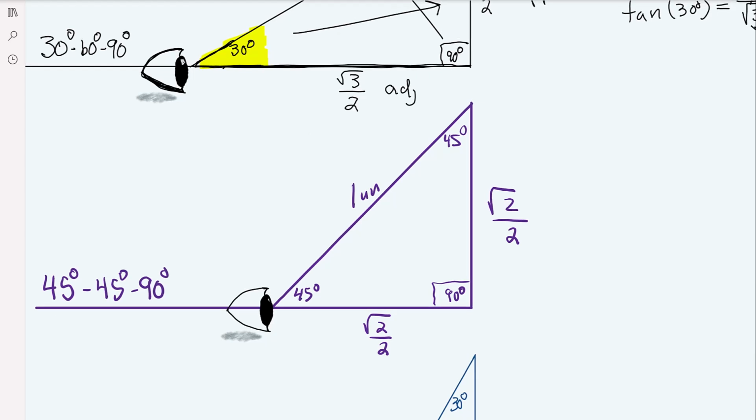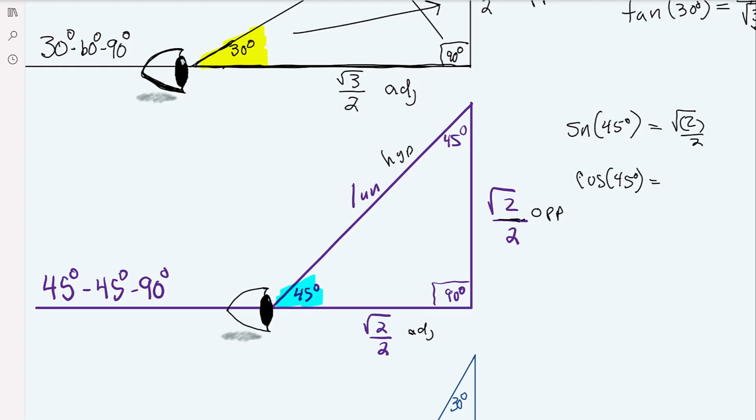If we come down here, now we have the viewpoint of a 45-degree angle. Here's the opposite, here's the adjacent, and this is always the hypotenuse. So the sine of 45: notice the adjacent and the opposite side are the same, therefore the sine and the cosine values will be the same. For sine, it's opposite root 2 over 2 over 1, but if it's over 1, we can ignore it.